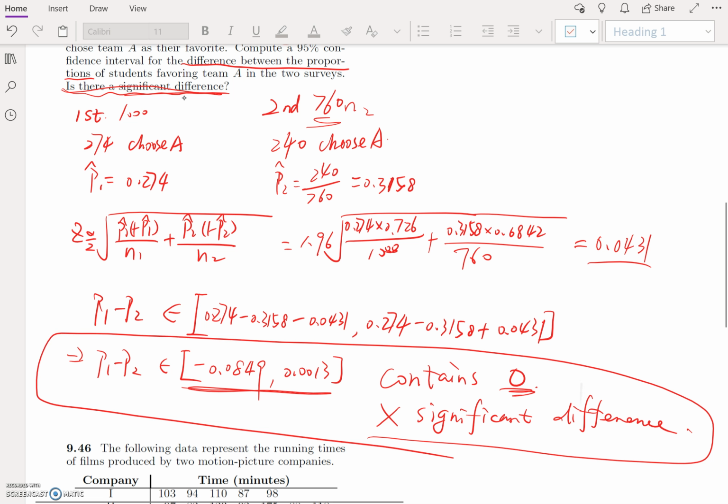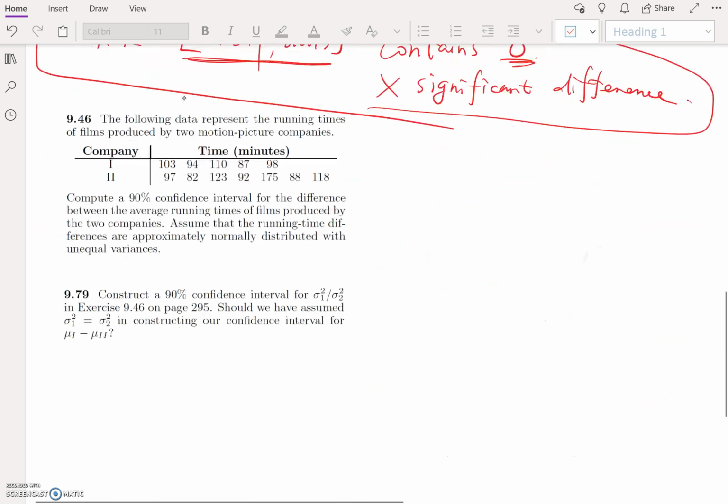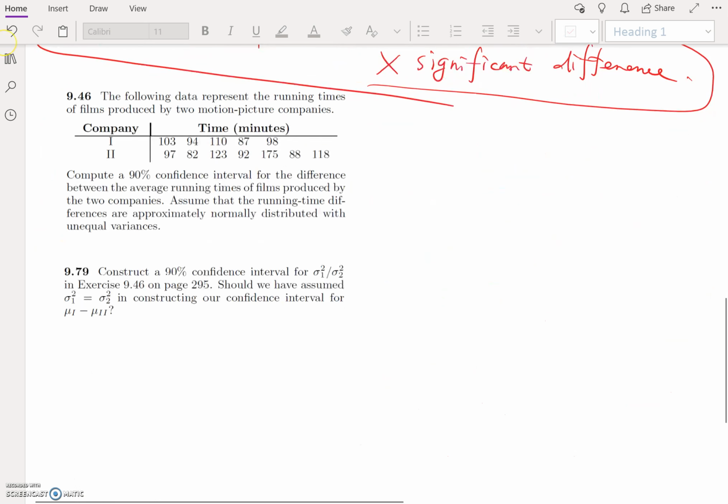Okay, let's go to the next question. The following data represents the running times of films produced by two motion picture companies. Here's the data for the film time for two companies. So here they assume that the running time differences are approximately normally distributed with unequal variance.